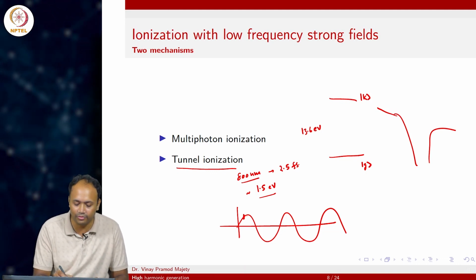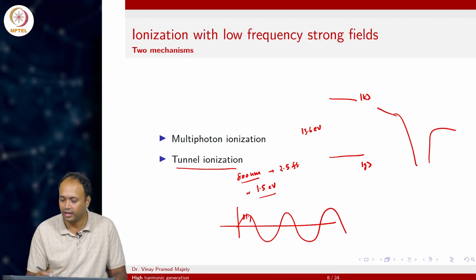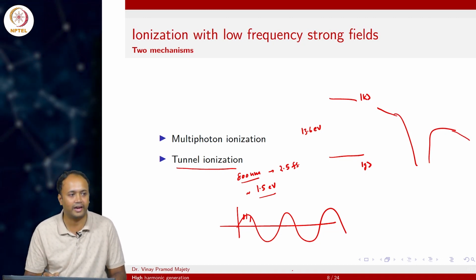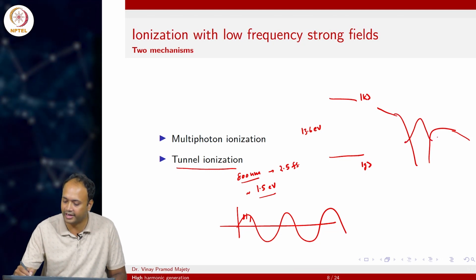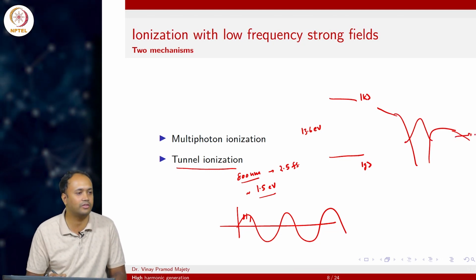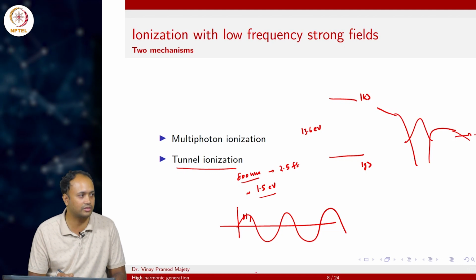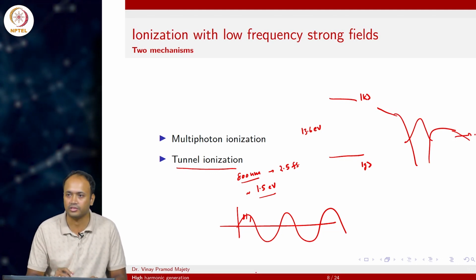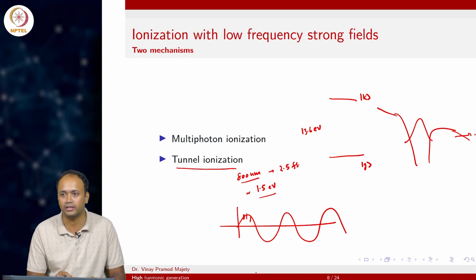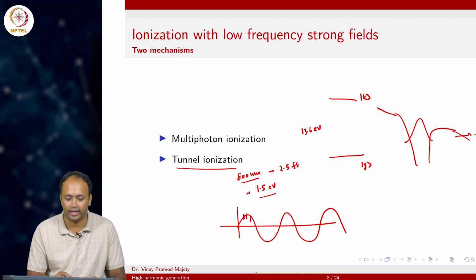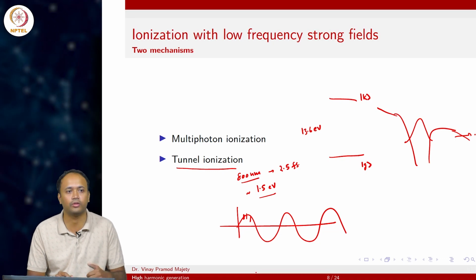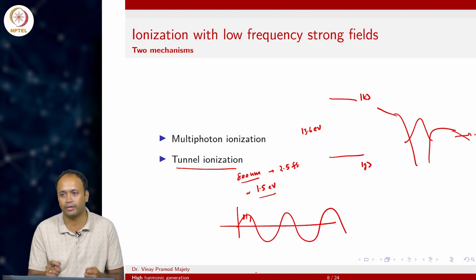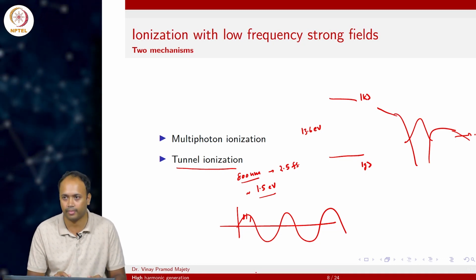So it sees this instantaneous field, and at each field strength it sees such a tunnel barrier, and therefore the initial state can tunnel through, giving ionization through what is called tunnel ionization. So you have two competing processes, multi-photon ionization and quasi-static tunnel ionization, and depending on the field strength and the frequency of the field, one of them would be dominant over the other.